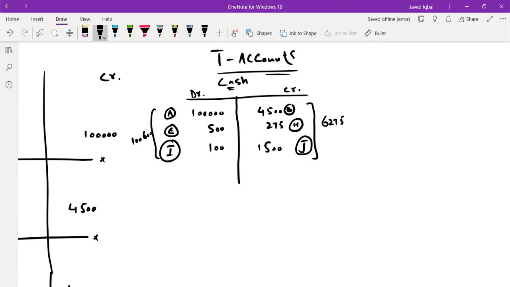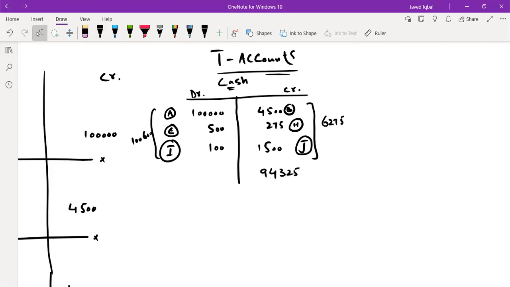So we need to find the difference between these two. The difference between 100,600 and 6275 is 94,325.